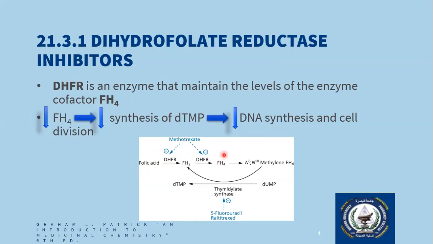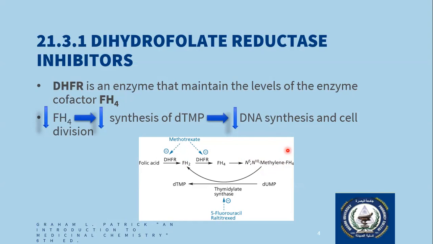Once tetrahydrofolate is formed, it is going to be converted to N5,N10-methylene tetrahydrofolate, which will serve as a one carbon atom carrier. It is going to carry this methylene group and add it to whatever molecule needs it.